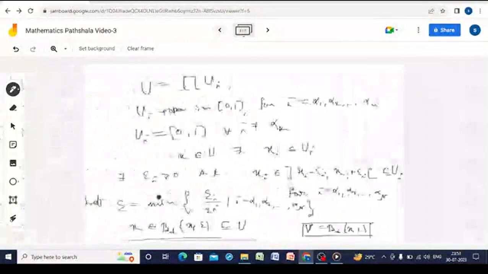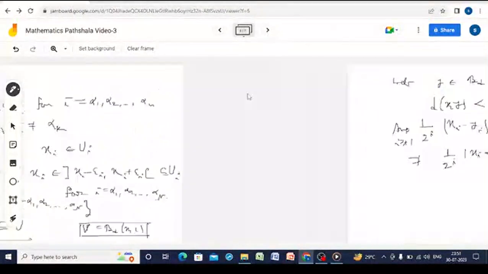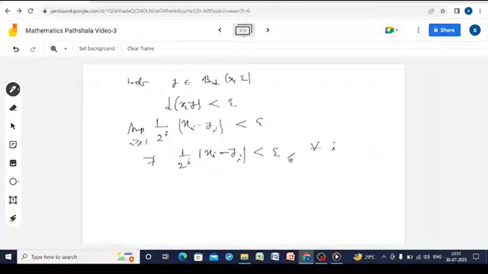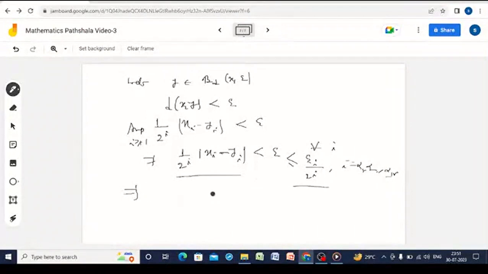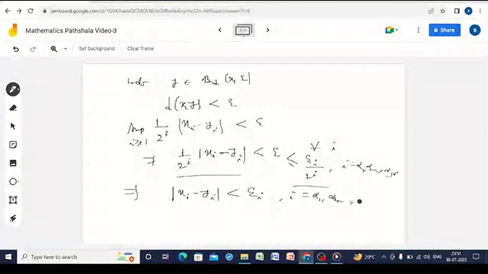And also by the construction of epsilon, it is very clear that this epsilon is less than or equal to each epsilon i by 2 to the power i for i equal to alpha 1, alpha 2, up to alpha n. So we get from this and this that mod xi minus yi is less than epsilon i for i equal to alpha 1, alpha 2, ..., alpha n.